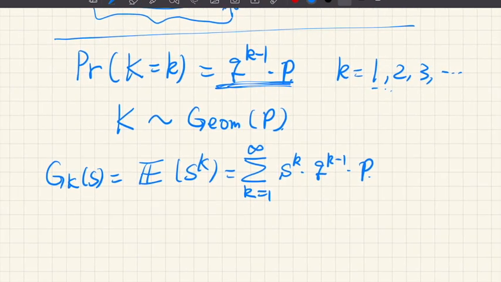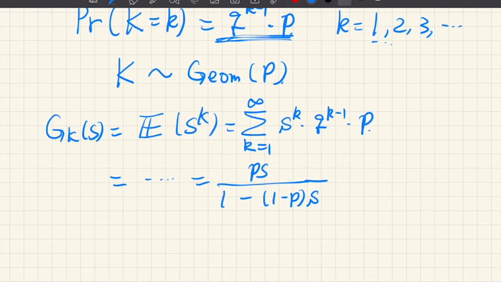If you calculate this, I will omit the detail. That is actually an exercise. You should get this result. Hopefully this is right: 1 minus ps.